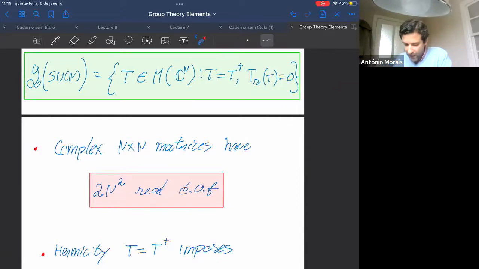Think of n times n matrices. These matrices are complex, so each element is a complex number, which, if you assume that all of them are independent, gives 2n squared real degrees of freedom. You can just count, looking at the case of 3 by 3, 4 by 4, and so on, and you can realize this 2n squared.